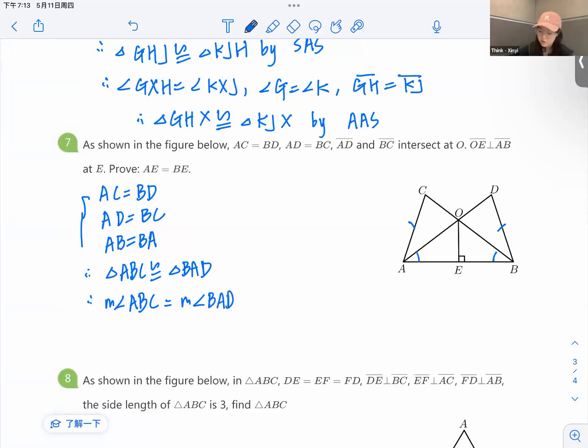Okay, so this is an isosceles triangle. We can prove that AO equals to BO. Triangle AOB is an isosceles triangle.